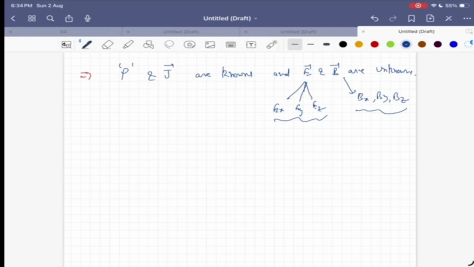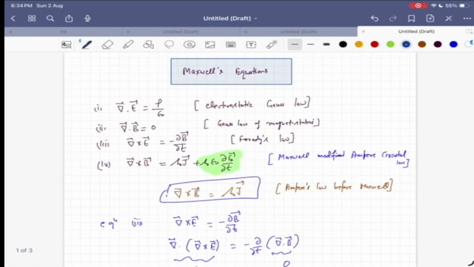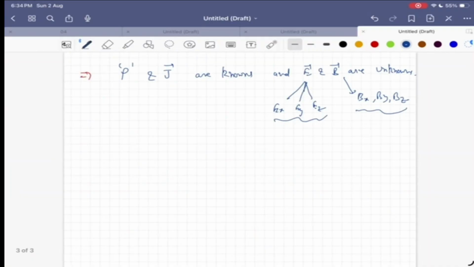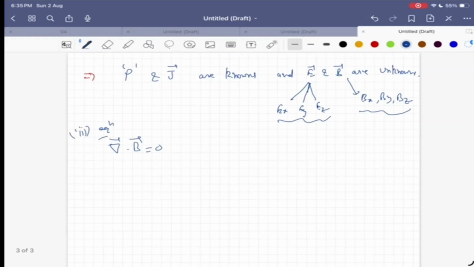So we would like to fix this problem, and the way we can fix it is to look at this second equation carefully. The second equation reads del dot B equal to 0. So it means divergence of B is 0.